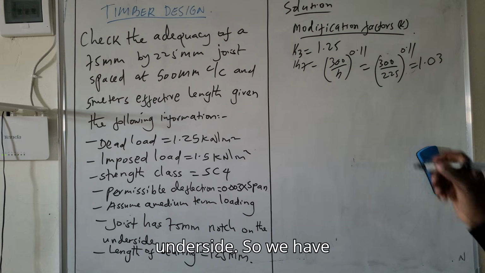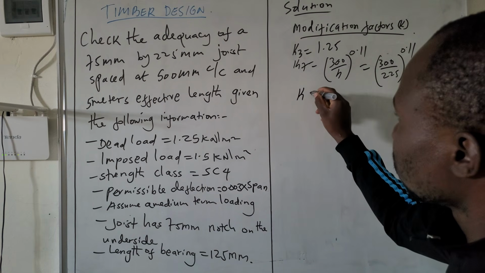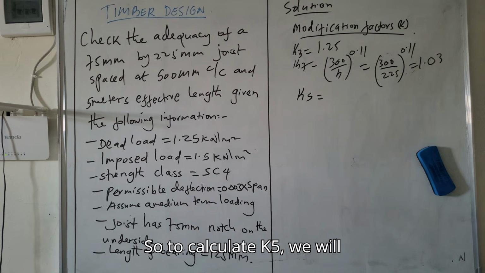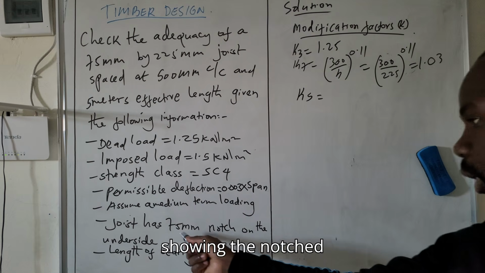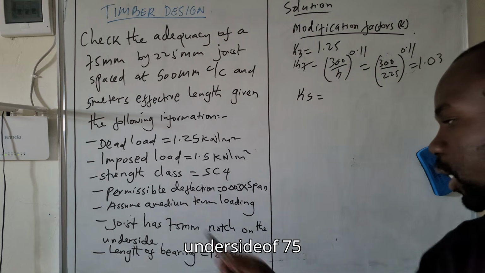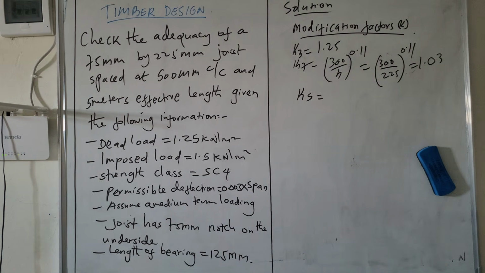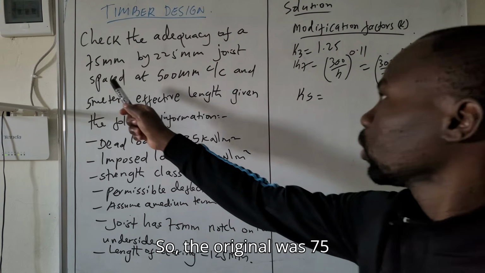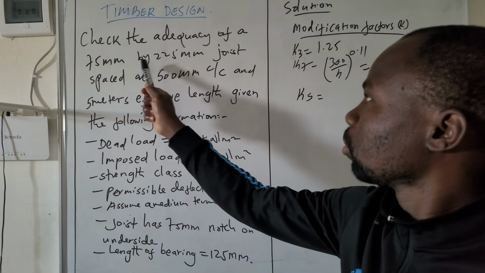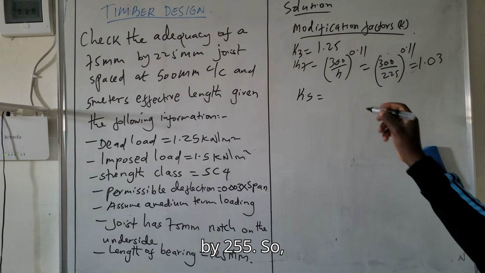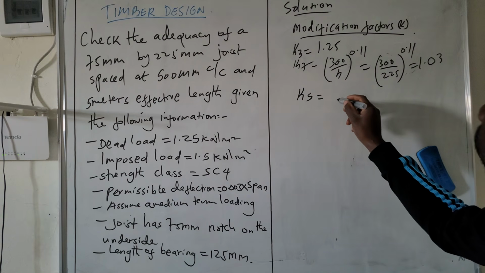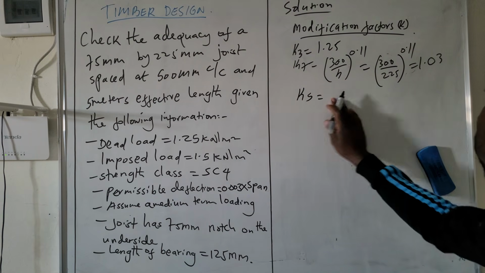We proceed to K5 because we have been told a timber has a notch of 75 millimeter on the underside. So we have K5. So to calculate K5, you will need to draw the section of this timber showing the notched underside of 75 millimeter. So let's draw. So the original was 75 by 225. Let me draw.